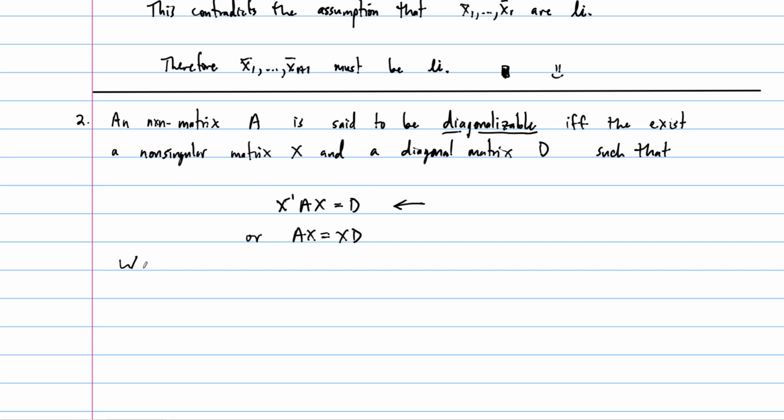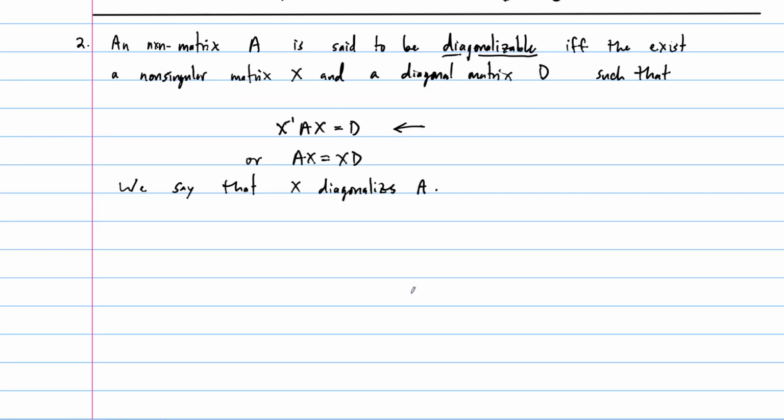That's the reason for writing it this way. But we say that X diagonalizes A. All right, so now if this is possible, then it would be really nice to be able to find some general form of the matrix X and then the matrix D as well.